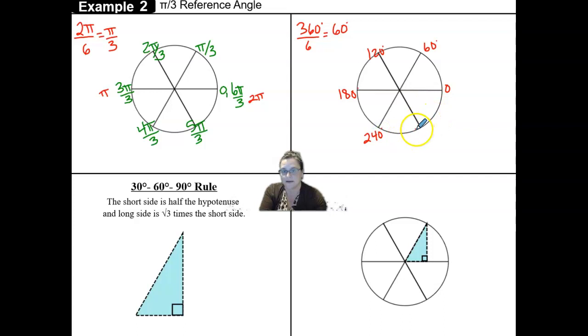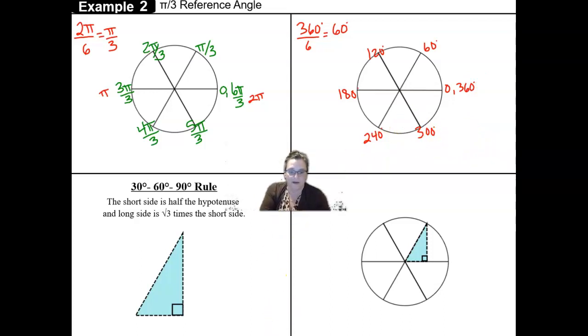Then 5 times 60 is 300 degrees. And 6 times 60 would be 360 degrees, which is one revolution around the circle.